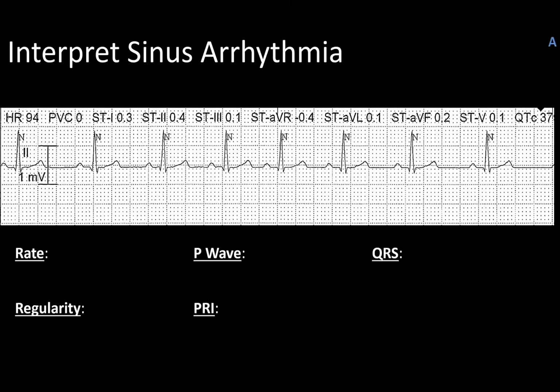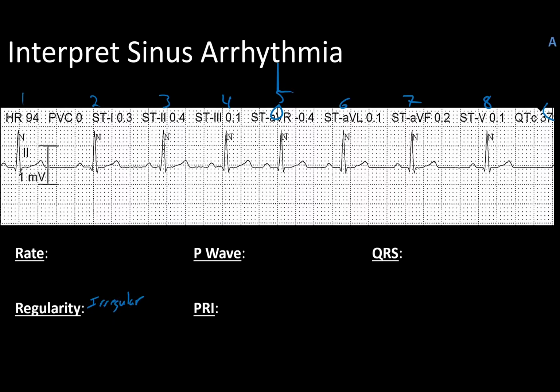So how do you interpret it? Well, we'll start like we always start. And if you're watching, you can already see how it just appears a little bit tighter in the center than it does on the outer parts of this strip. And so I'm going to go ahead and say irregular here.